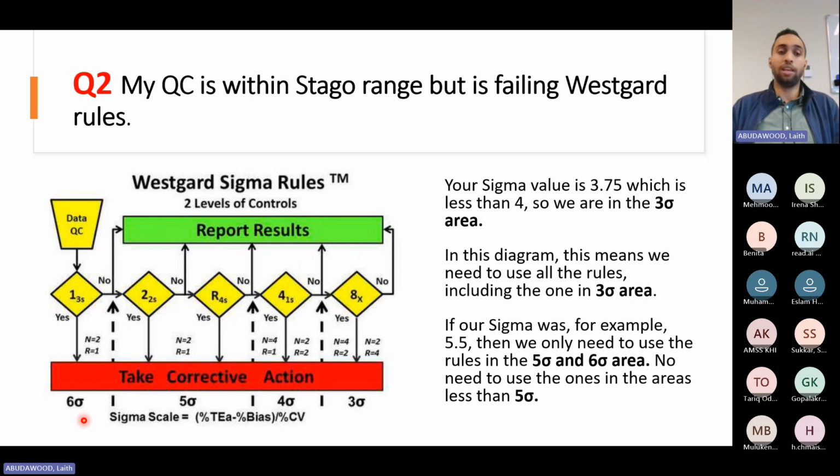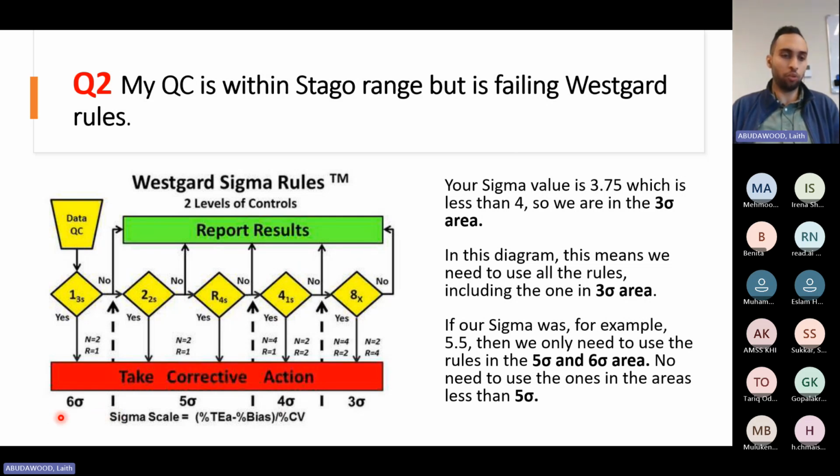So let's say I got 7.5 in the previous example that I gave you. 7.5 is more than 6, right? So it's in this category. And the 6 sigma, we don't have 7 sigma, we have only 6 sigma. So 7.5 is higher than 6 sigma.